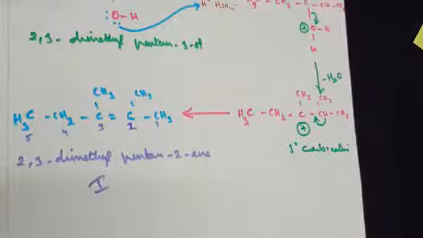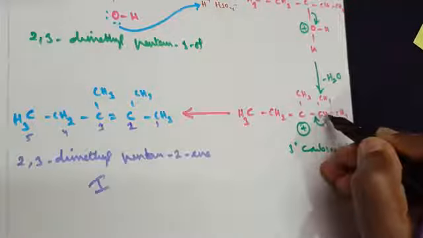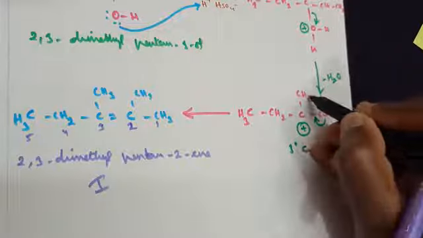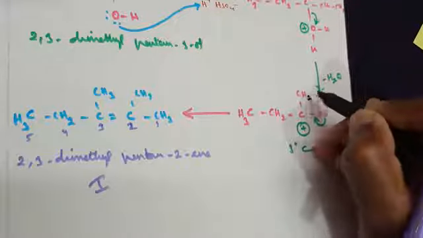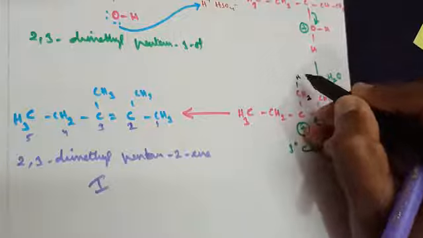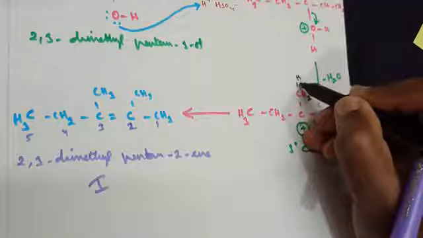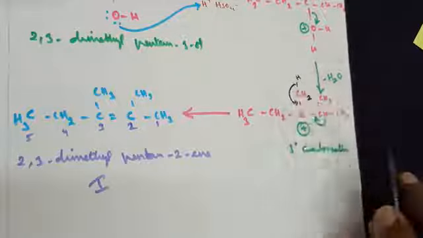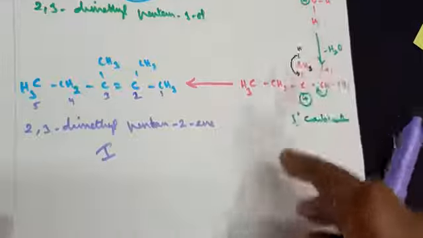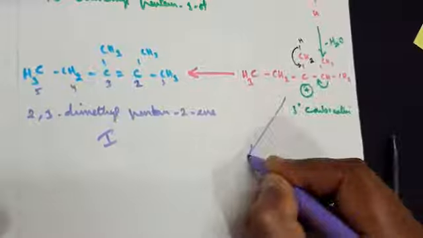The next case, I'm purposely using a different color pen so that you understand. Instead of this carbon losing the hydrogen, imagine CH3, you can write it as I told you earlier, CH2 and H. Suppose this hydrogen is lost, this bond will fall in here. So in this case, what will be the product? I'm writing it in this manner.